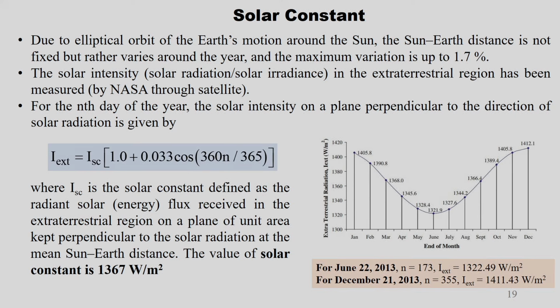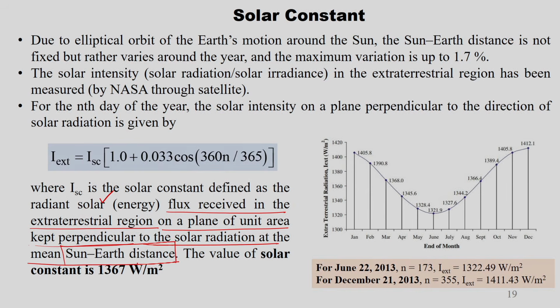And then the solar constant. Actually, the solar constant is defined as the radiant solar energy flux received in the extraterrestrial region on a plane of unit area kept perpendicular to the solar radiation at the mean sun earth distance.